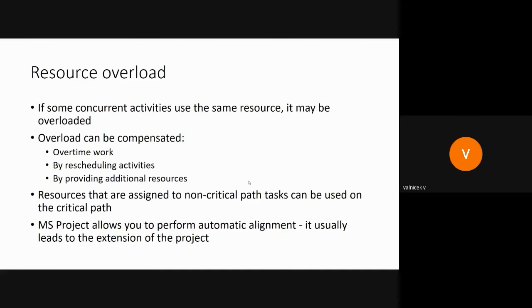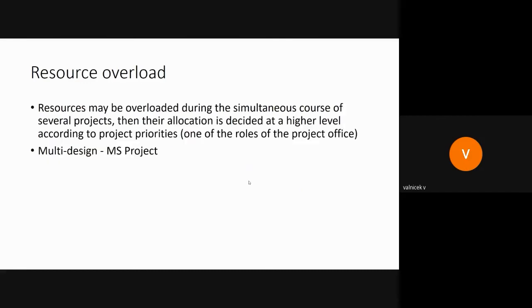Microsoft Project allows you to perform automatic alignment. It usually leads to the extension of the project, which could be problematic. Resources may be overloaded during the simultaneous course of several projects.